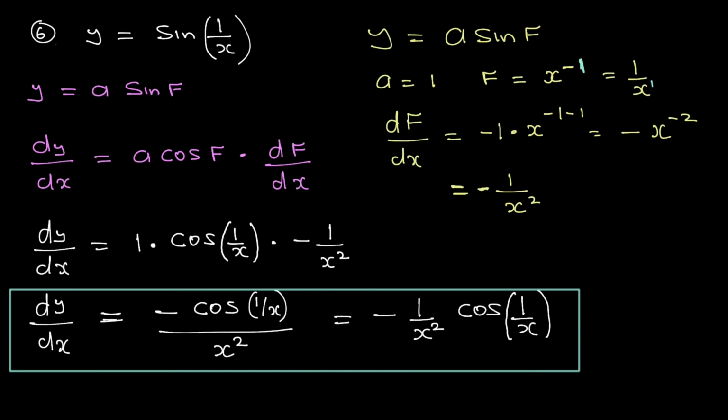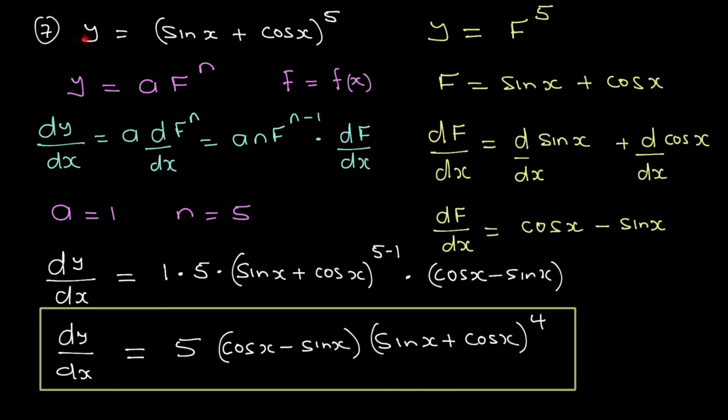And in that case, the dy dx equals minus cos 1 over x over x squared, with x squared in the denominator, so you get minus 1 over x squared, still in the denominator, cos 1 over x.